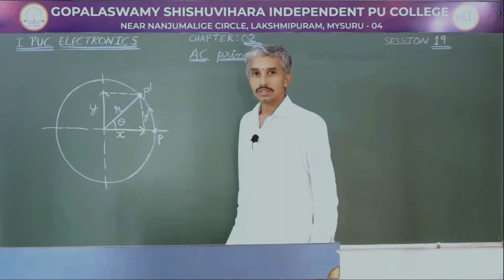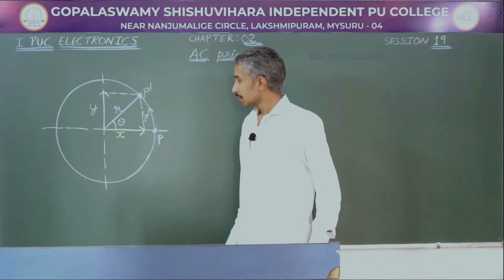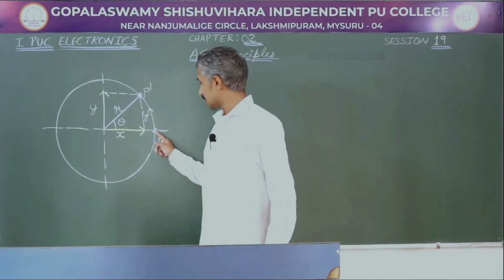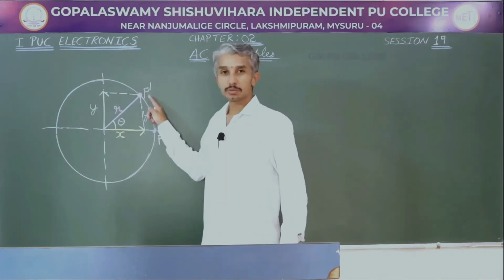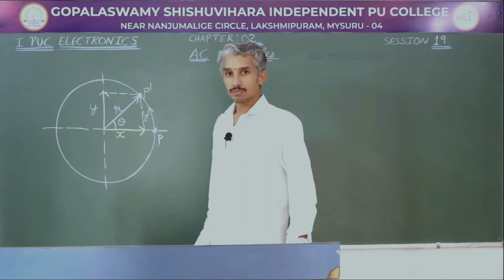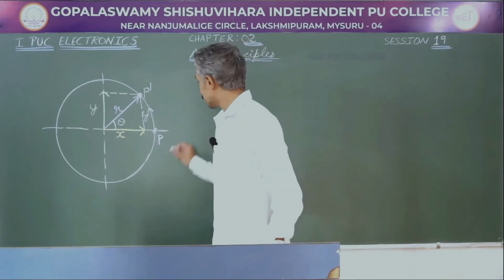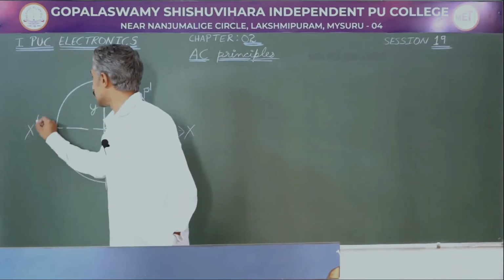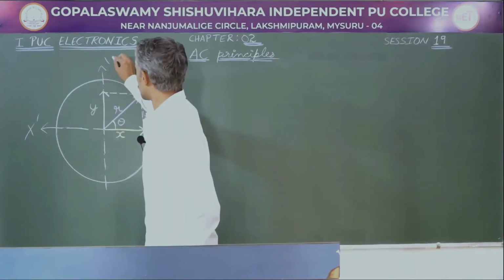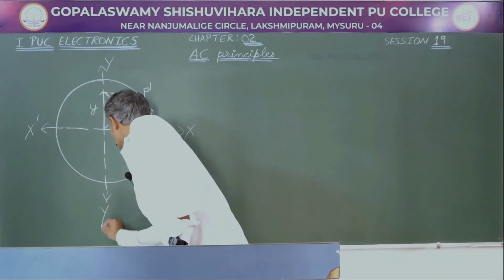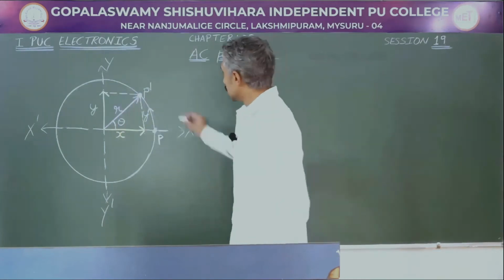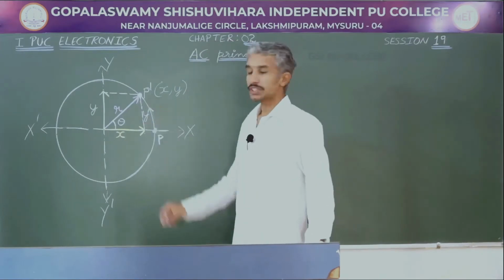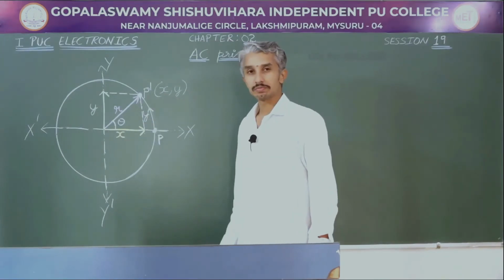We will proceed further. Let us look into the circular motion once more and learn some mathematics related to it. The object which was initially at P is rotating and it has now reached a position P dash. We have learnt from mathematics the position. If I am to draw a graph and take x axis and y axis, the position can be written as P of x comma y, in this case P dash of x comma y.